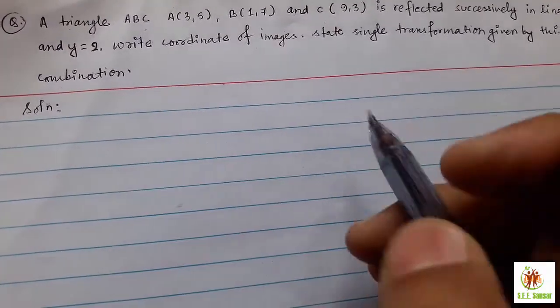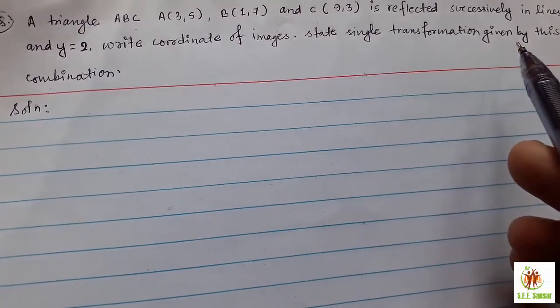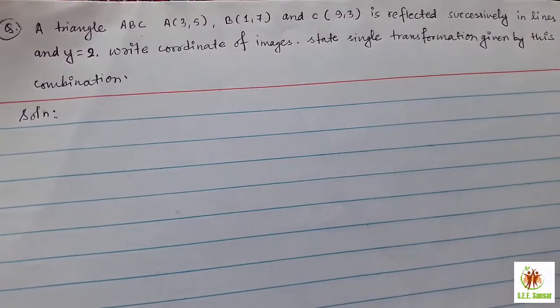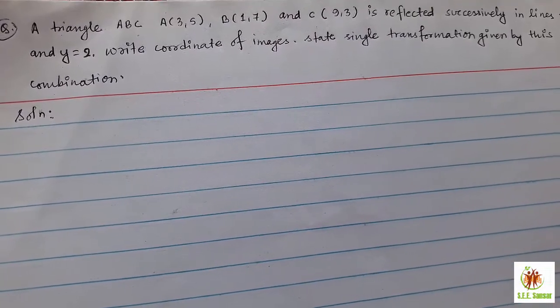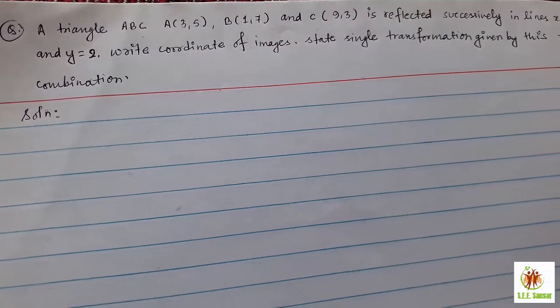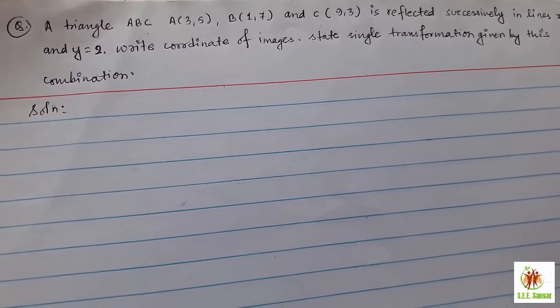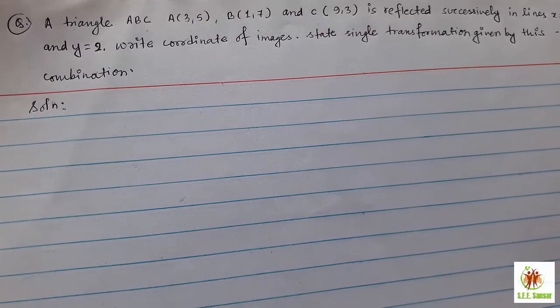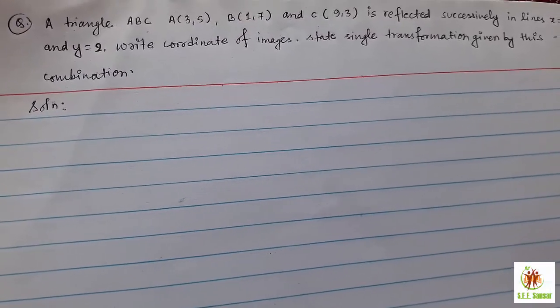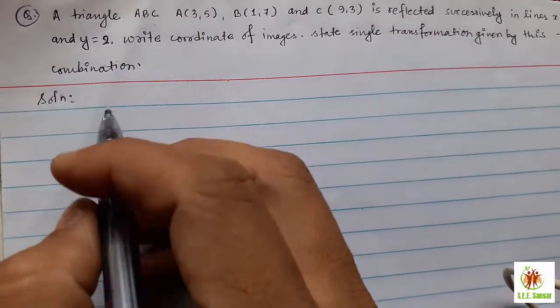So let's begin with the solution. At last there is also a single transformation given by this combination. When you combine both the reflections, what does the resultant combination give us? We should mention the name of that transformation too. Now let's start.